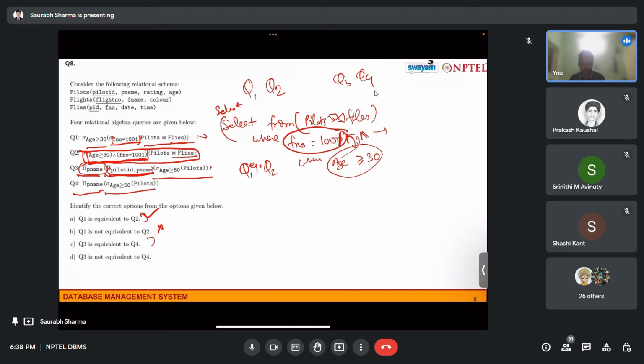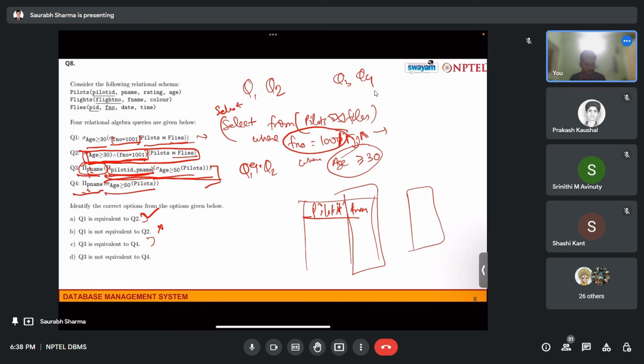So these two will also be the same, because in a very naive idea, we get some table having pilot id and p name, and from there we project only p name, and in this one we will only get p name.